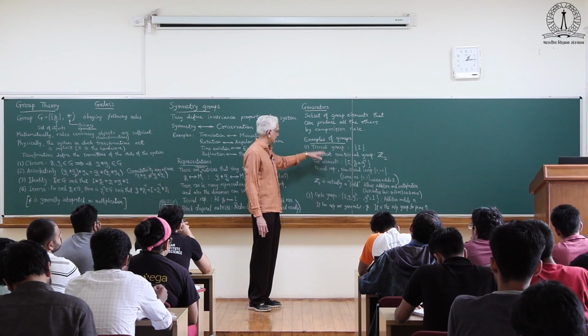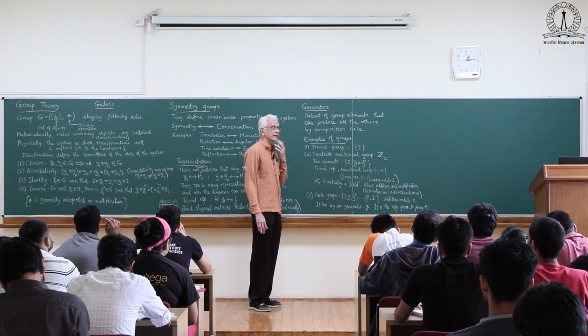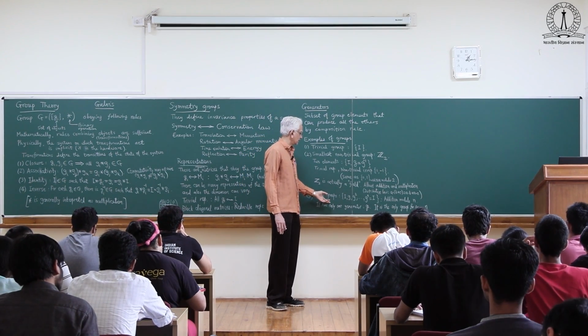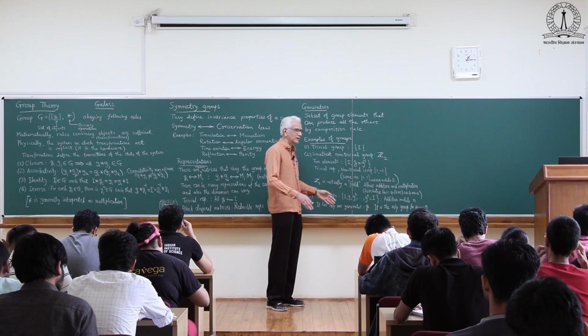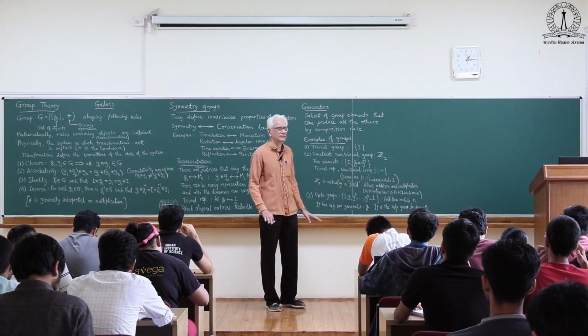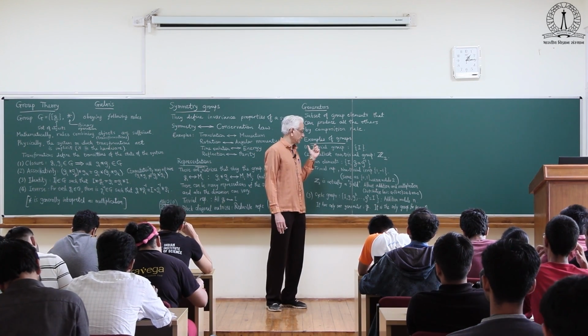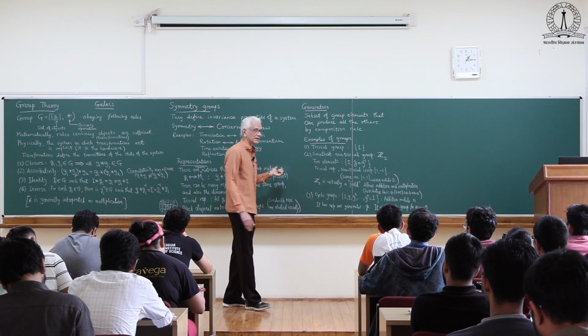And these groups, whatever I have listed here, are all commutative. But I can go beyond that. The addition or translation is by construction commutative. We don't know anything else, but we have other possibilities, that these are matrices.